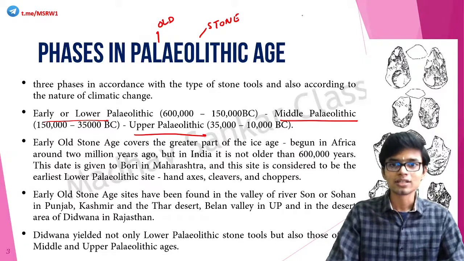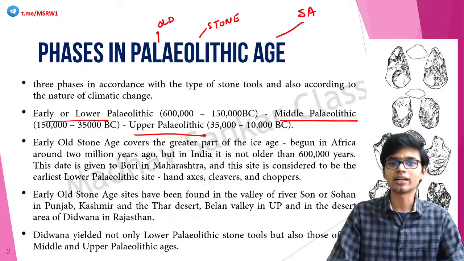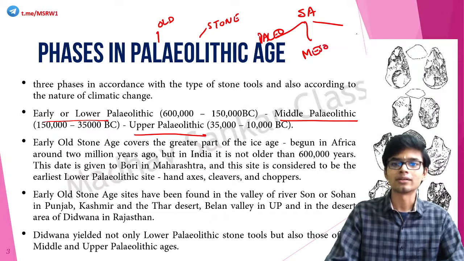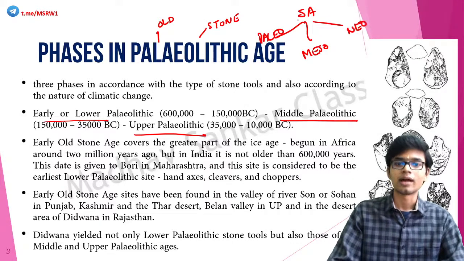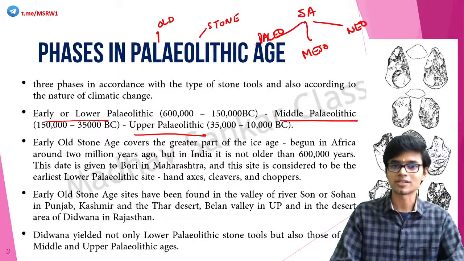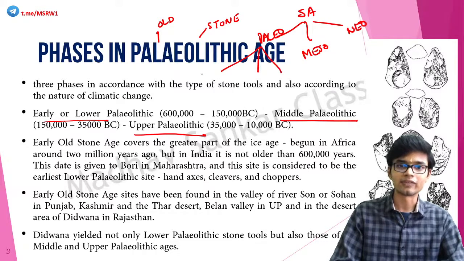Once again, the entire Stone Age is divided into three: Paleo, Meso, and Neo. There are subclassifications for all of these, but today we are looking into the subclassifications of Paleolithic. That is, within Paleolithic, we have lower, middle, and upper.